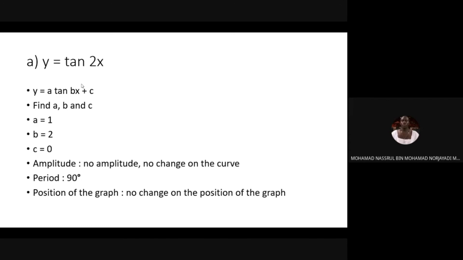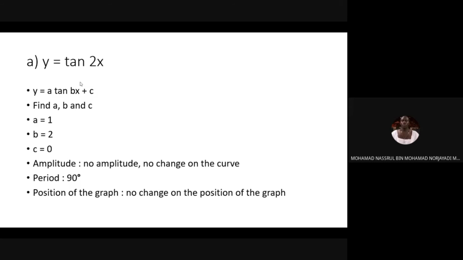So we can find the value of a from the function, which is equal to 1, b is equal to 2, and c is equal to 0. Now from these values, we can also find the amplitude, the period, and the position of the graph. Since this is a tan function, there is no amplitude, and there is no change on the curve.